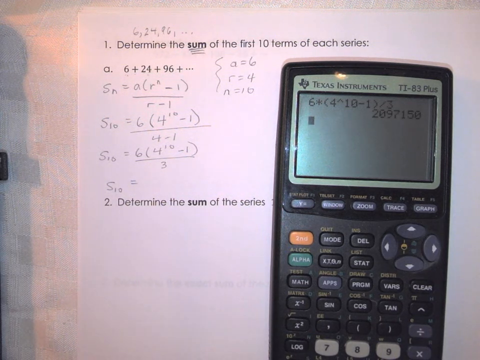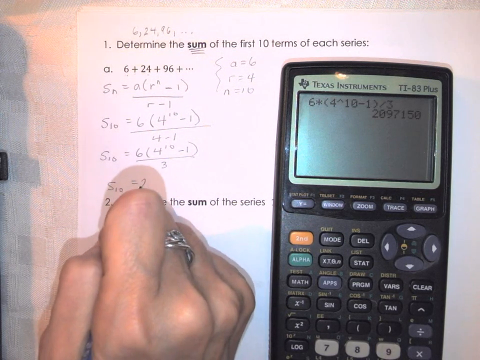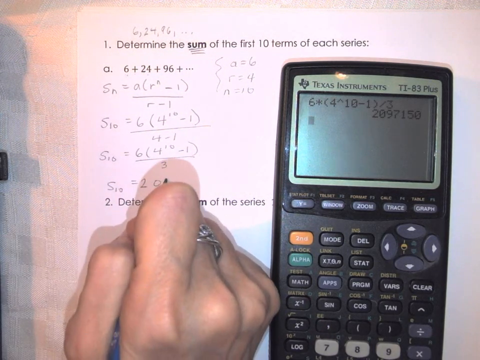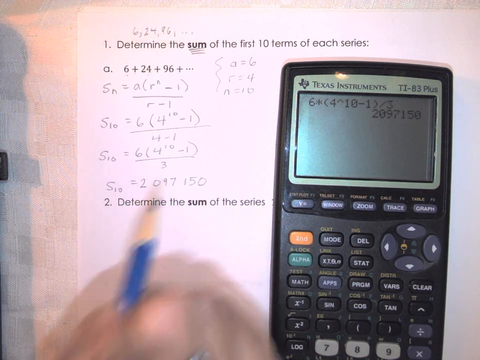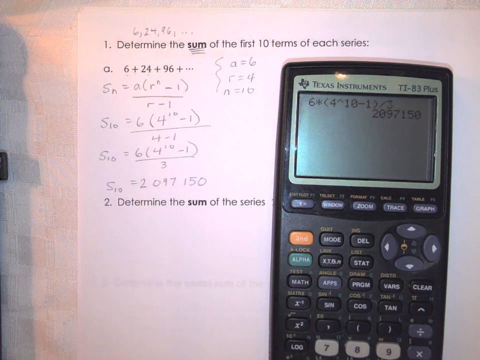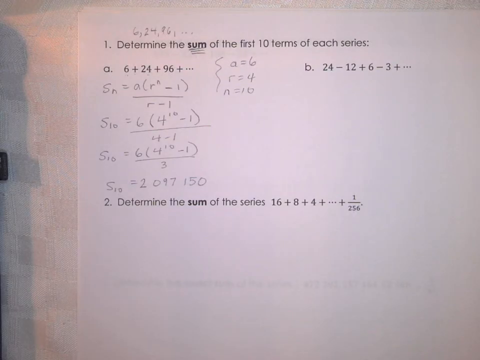And that gives us 2,097,150. So that's adding the first 10 terms, and remember, a geometric series grows quickly. 4 to the 10th by itself would be a big number, okay? And then we're adding all of the terms together. So that's the sum of the first 10 terms.